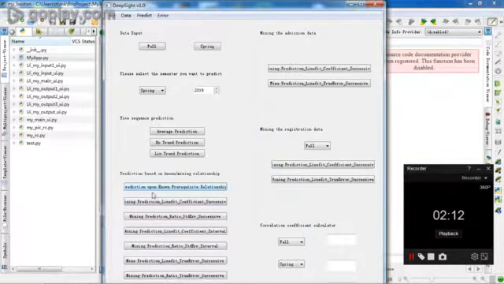Specifically, there are several functions. The first one is the prediction upon known prerequisite relationship. Second one is mining prediction, line fit, coefficient successor.